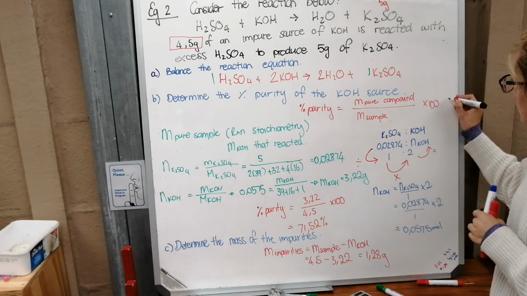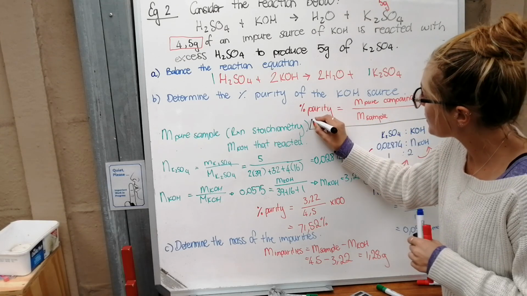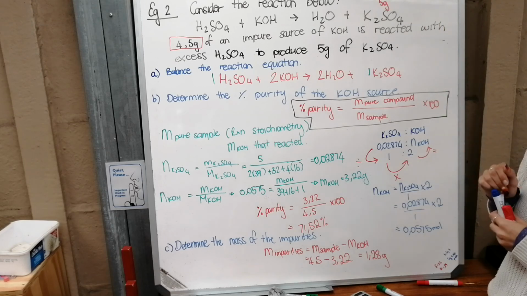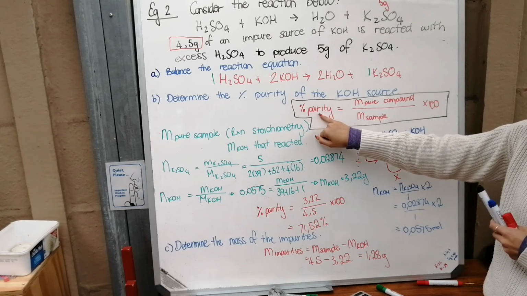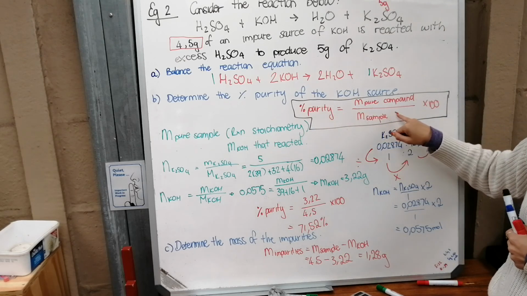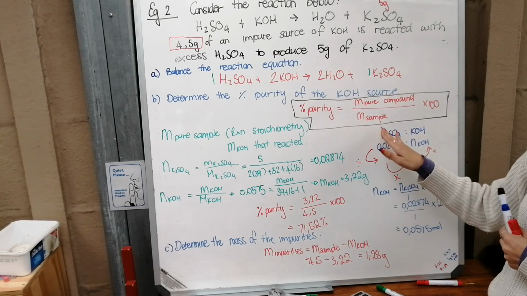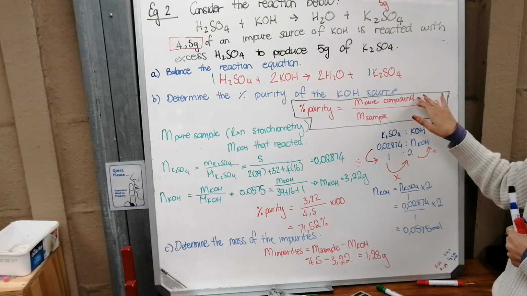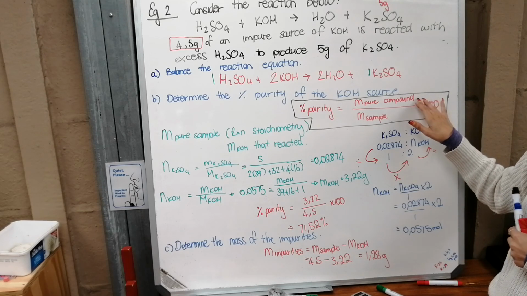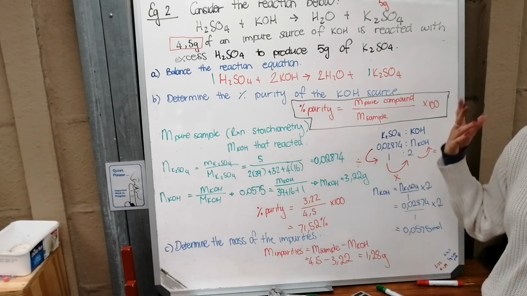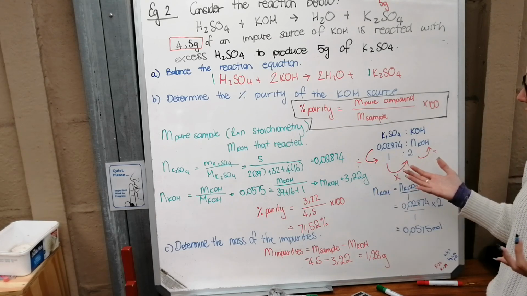So if we look at our main percentage purity formula, they could sometimes talk about a reaction and they give you the percentage purity and they give you the mass of the sample, and then you would just have to put them into this equation and you could work out then the mass of your pure compound from that. Okay, so they might sometimes ask you to do it backwards, but as long as you've got this formula and you know how to solve an equation, which you learned how to do in grade 8, you should be fine with this.